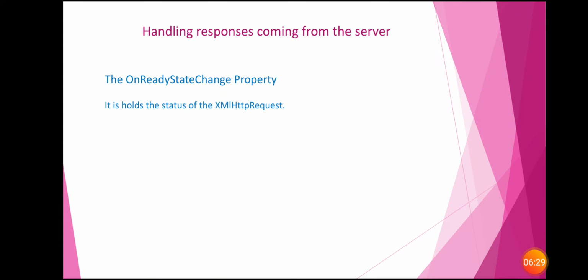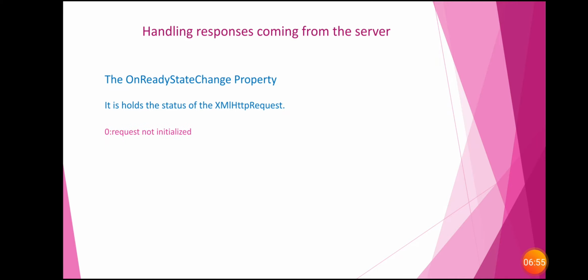Now we see step number three, handling responses coming from the server. In this step, we handle the response that is coming from a server. So there is a property of the XMLHttpRequest object, the property name is onreadystatechange. The readyState property holds the status of the XMLHttpRequest object.